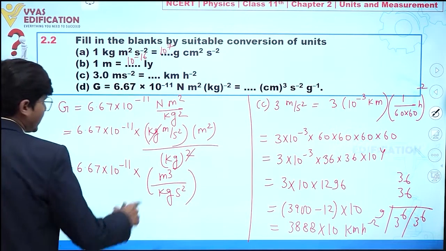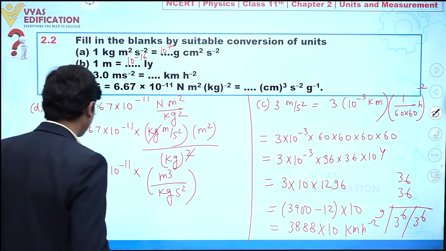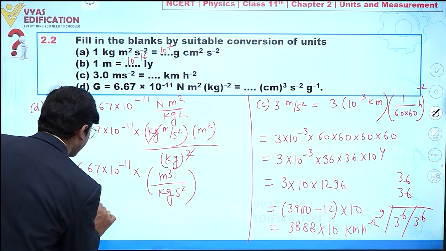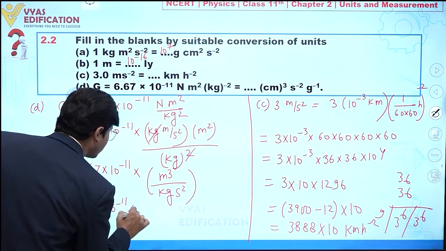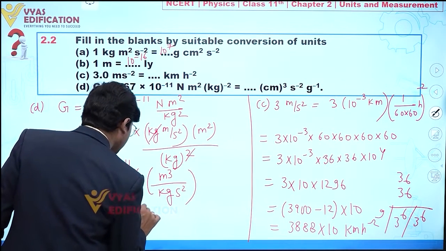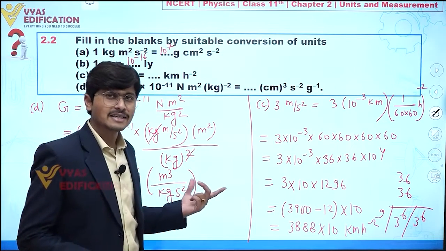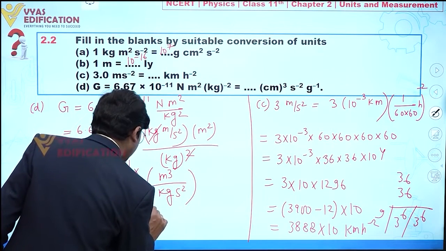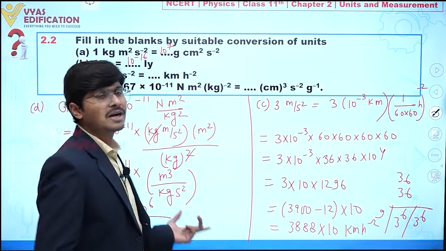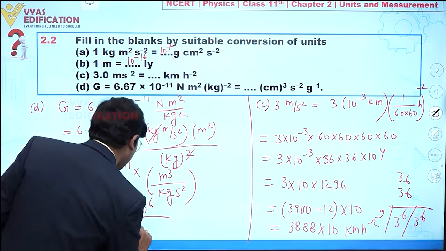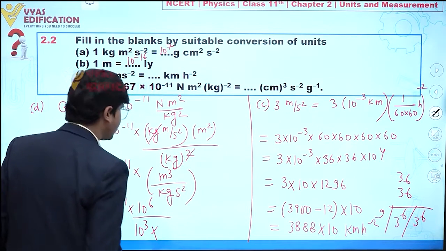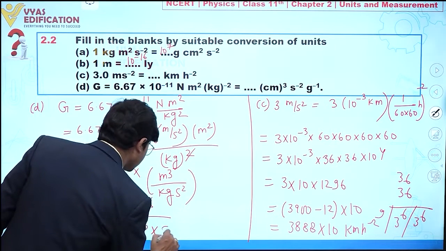In 1 meter we have 100 centimeter, so 10 to the power 6 multiply, divided by, in 1 kilogram we have 1000 gram, so 10 to the power 3, clear, per second square. So this is centimeter cube per gram per second square.